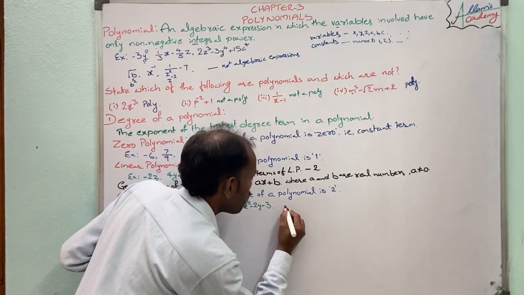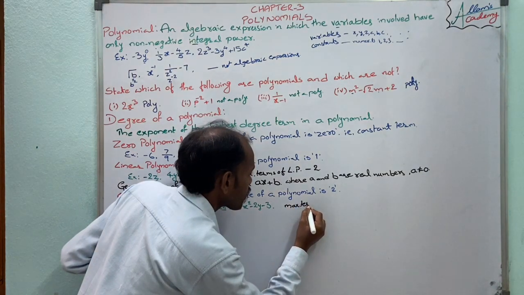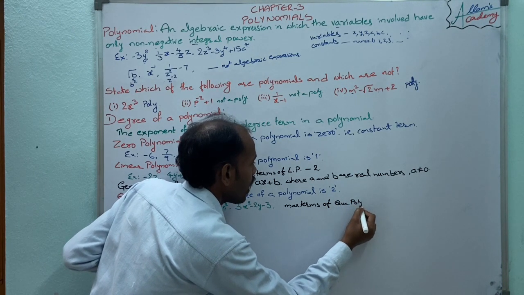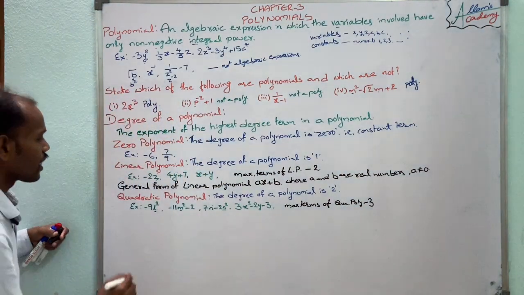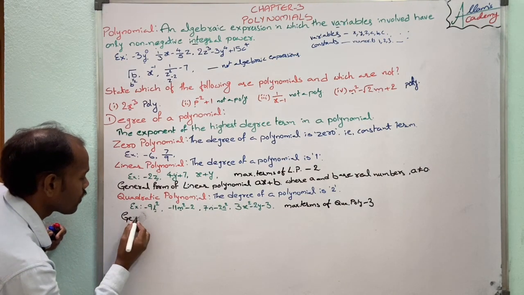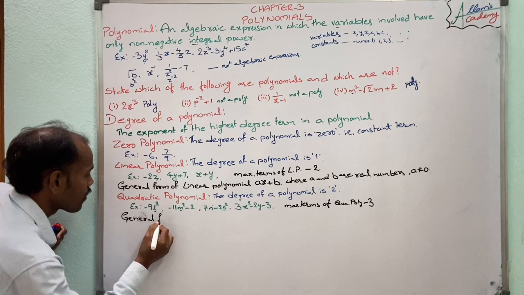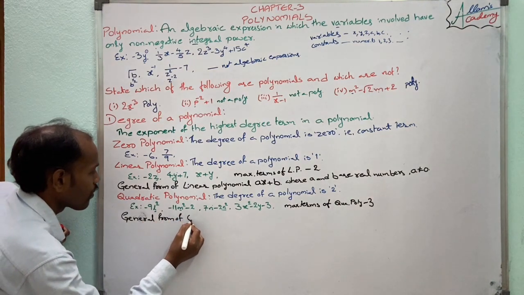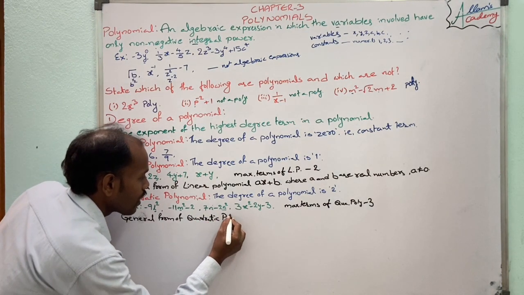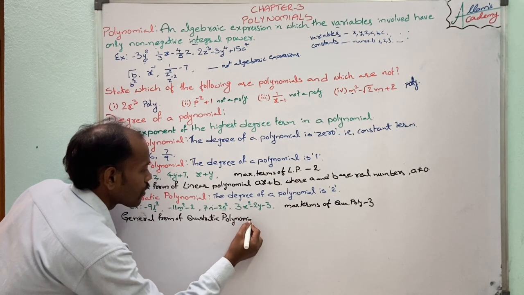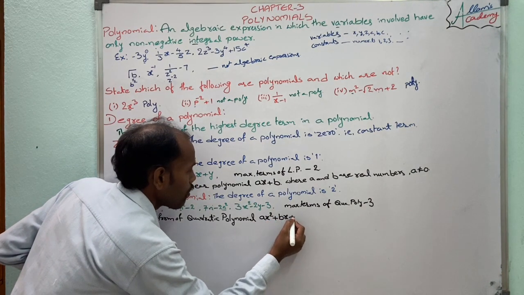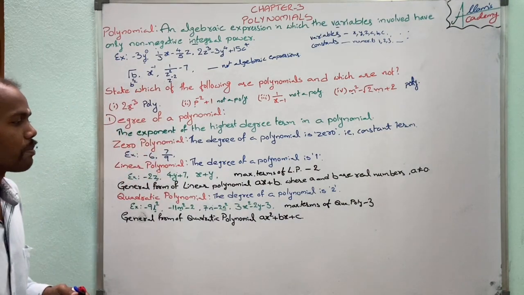So the maximum terms of a quadratic polynomial are 3, and the general form of a quadratic polynomial is ax square plus bx plus c.